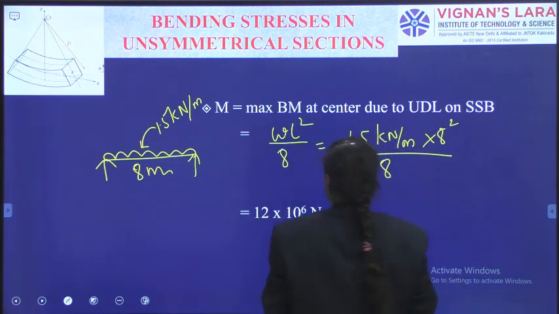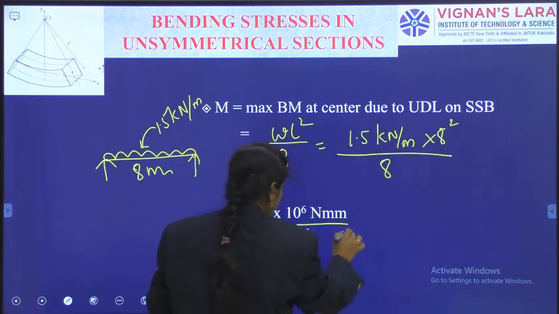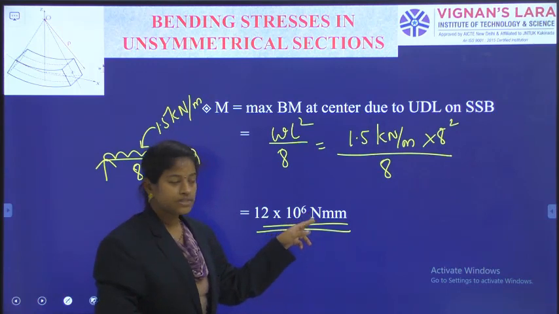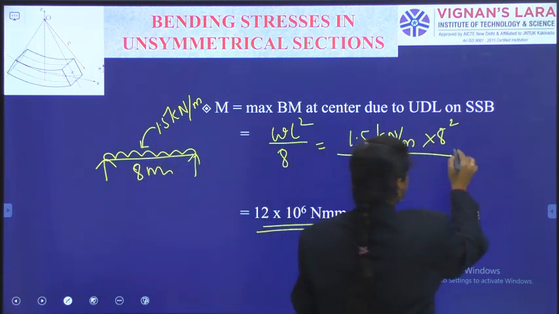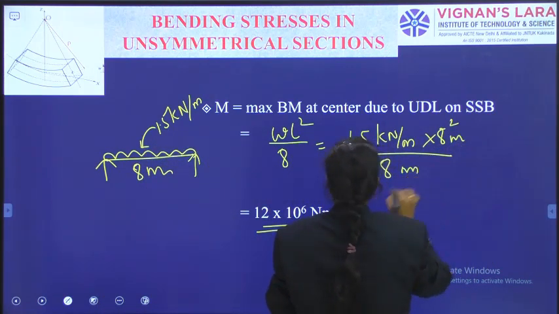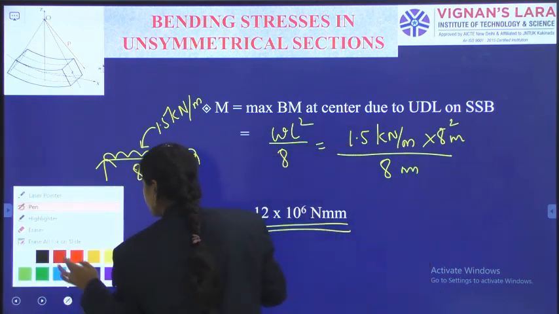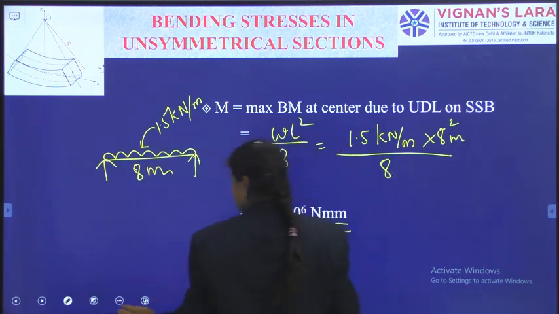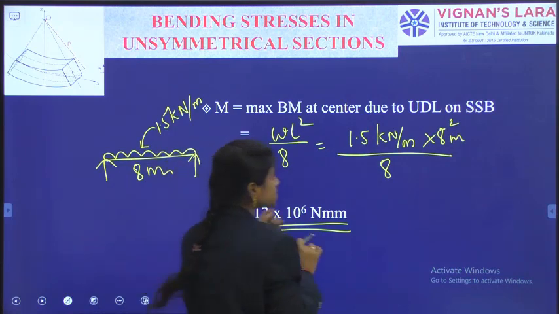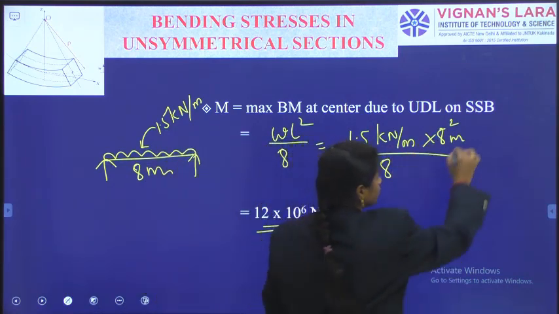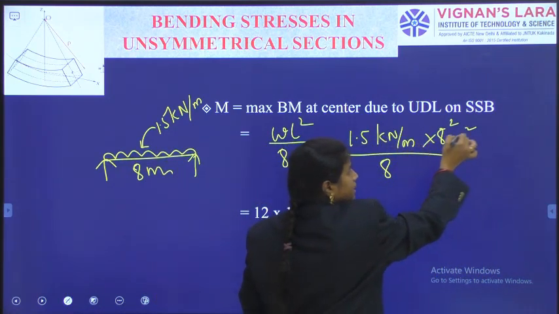In this way, we get the maximum moment as 12 into 10 power 6 Newton millimeter. Here our units are in meters only, right? This is simply a constant, WL square by 8. So it is kilonewton per meter into meter square.